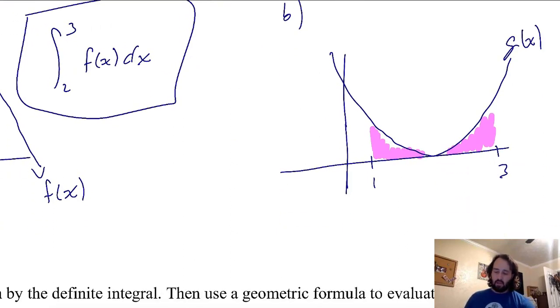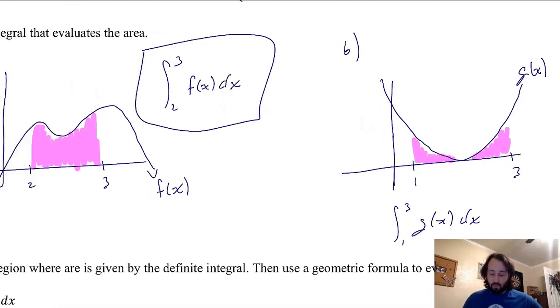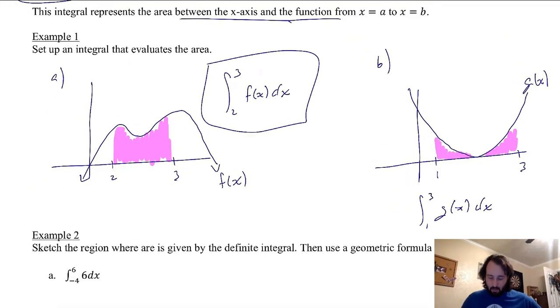Same idea. Even though there's that little part at 2 that doesn't really have an area, this is just the integral from 1 to 3 of g of x dx. Please do not forget the dx. Without the dx, this is not an integral. You will not receive points if you do not put that dx, or whatever you are integrating in terms of.